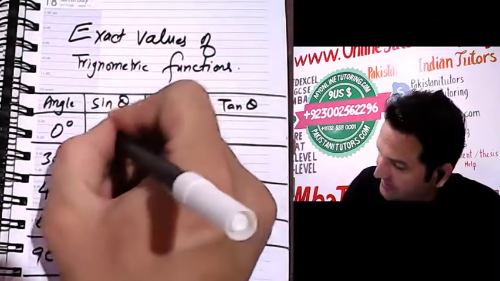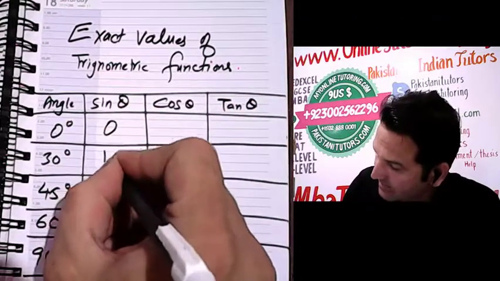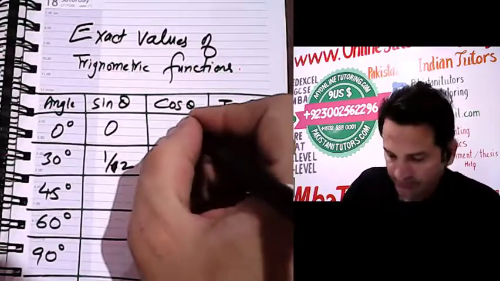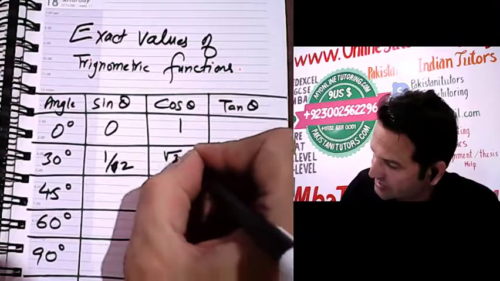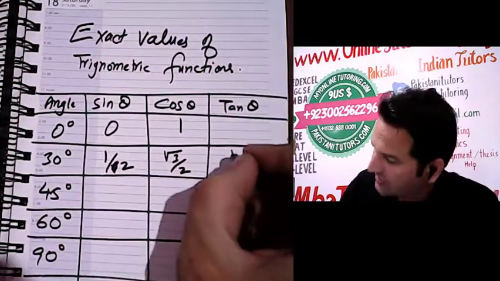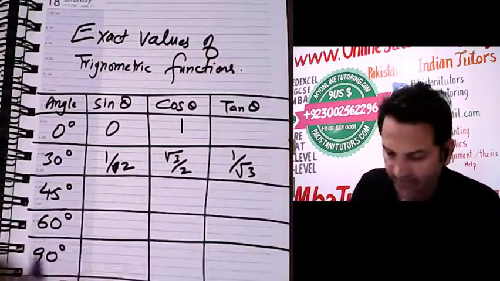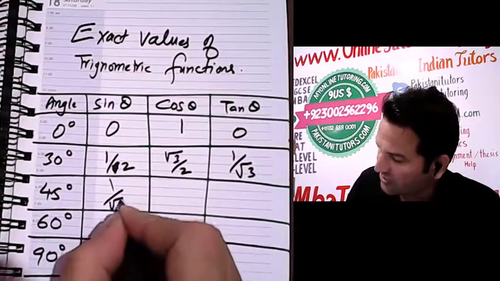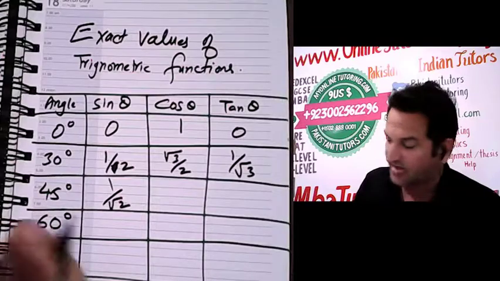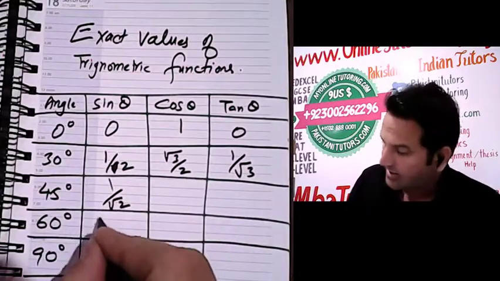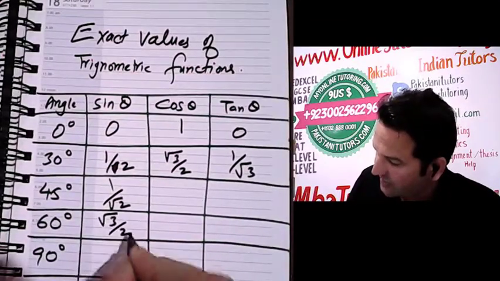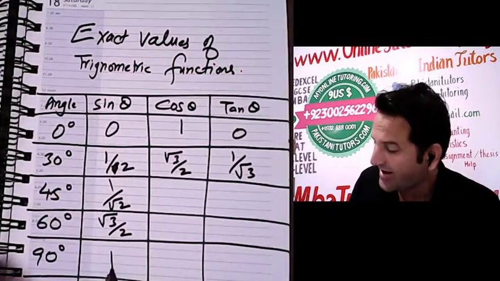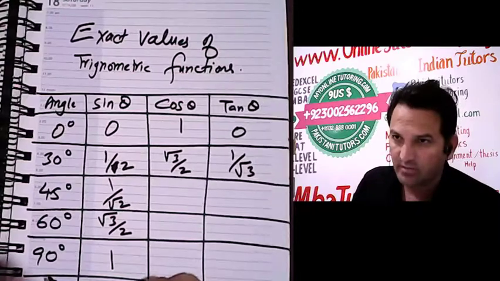Okay, so this will be 0, 1 over 2, root 3 divided by 2, 1 over root 3. Sine 1 over root 2 is for 45 degree. Sine root 3 over 2 is for 60 degree. Sine 1 is for 90 degree.